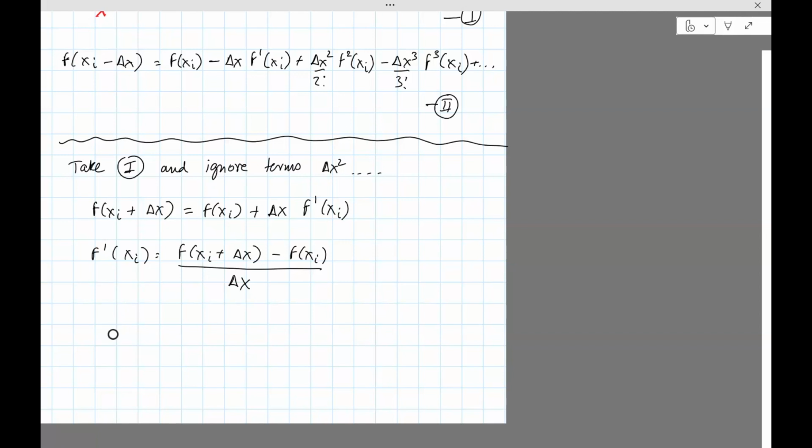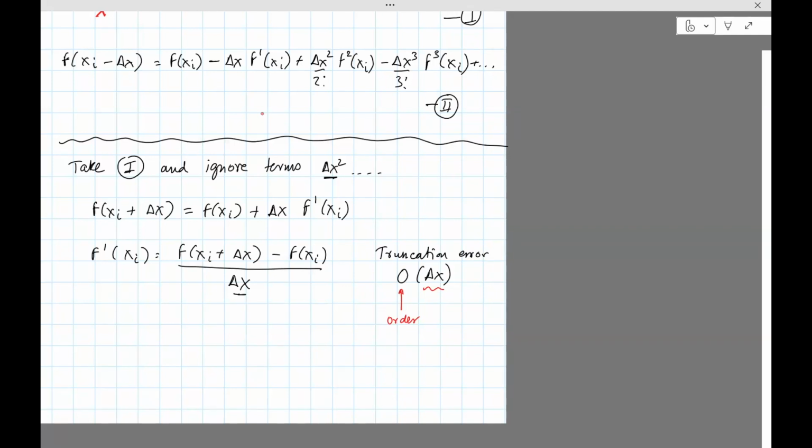Note that since we truncated at delta x square, and this term is divided by delta x, the truncation error is of the order of delta x. The O means order, and so it's off by delta x.